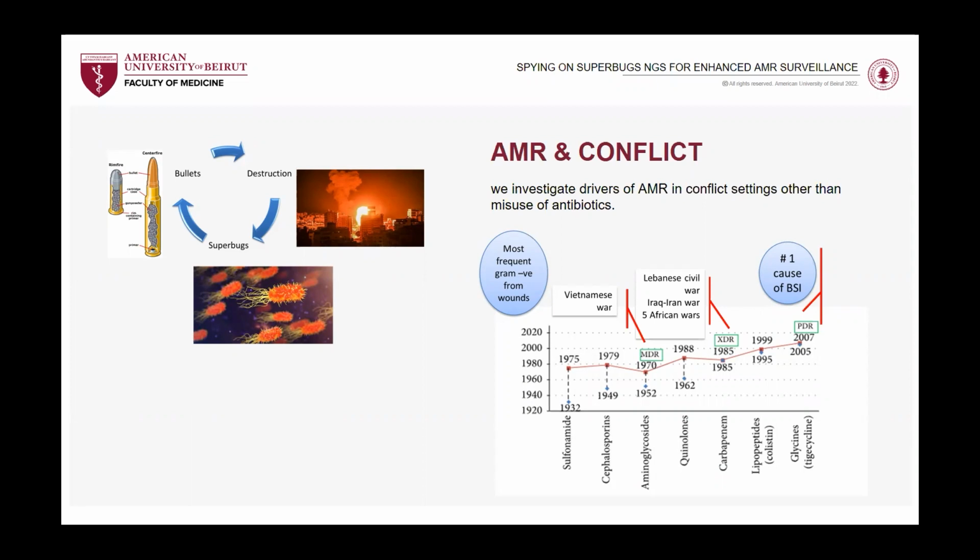Some of them are still used in treating certain parasites, like arsenic, and in anti-cancer treatment. Antimony as well, and antimony is one of the main constituents of bullets. And bacteria, as we said at the start, have efflux pumps that can pump out antibiotics and anything that can kill them. So is there a relationship there that we are missing? Is there a driver that we are completely ignoring?